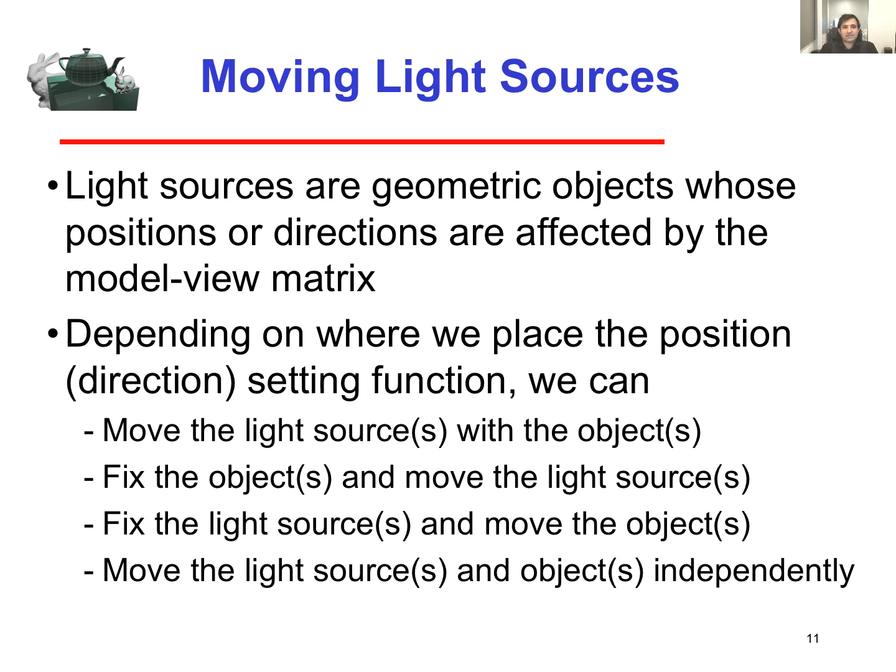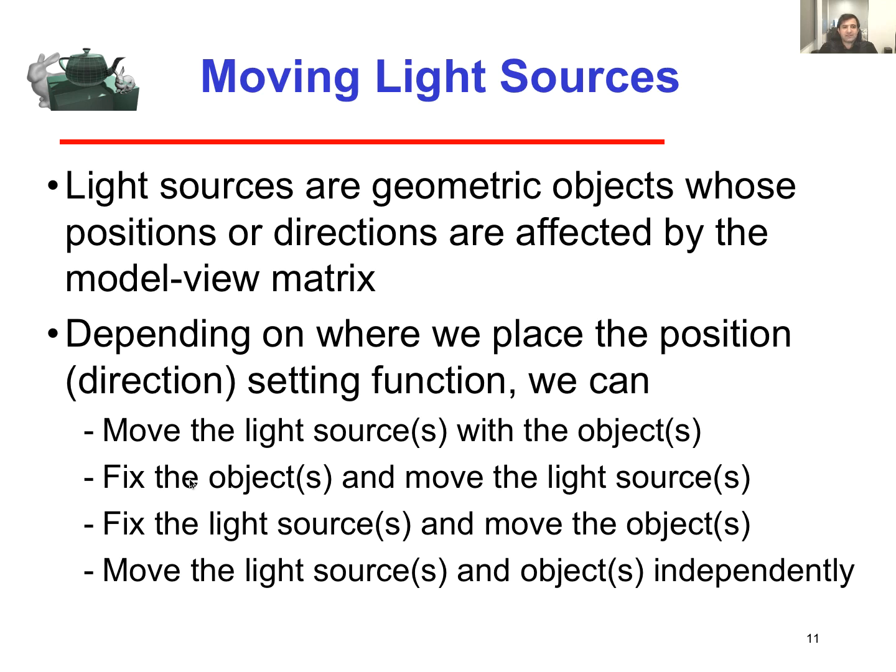Moving light sources is a very straightforward thing to do because a light source is a geometric object. It is like any other geometric object. The position and direction of the light source is affected by the model view matrix. We can have all possible combinations depending on where we place the direction of light in our code. So if things are being animated, meaning there is a time variable and we are re-rendering, we need to move the light source with the objects.